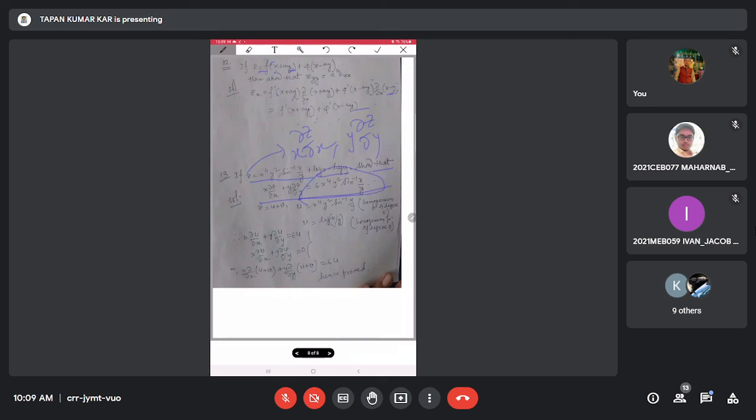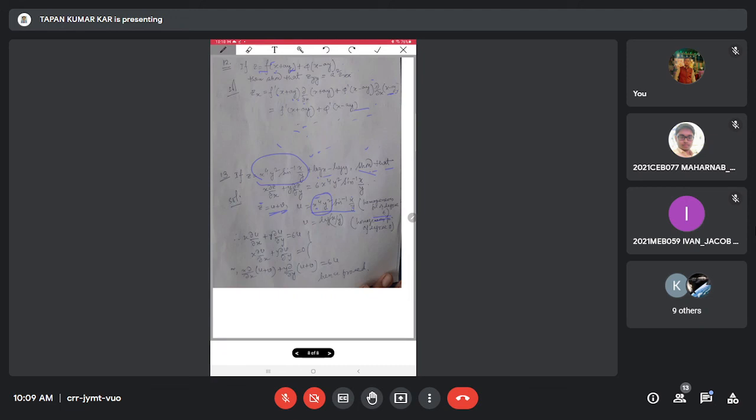But if you use Euler's theorem on homogeneous functions, it will be easier. Why? Look at this. This part is taken as u, this log x minus log y is taken as v. So if you consider u equal to this, it is a homogeneous function of degree 6 because x by y is degree 0, and here x to the power 4 y square, so it is a homogeneous function of degree 6.